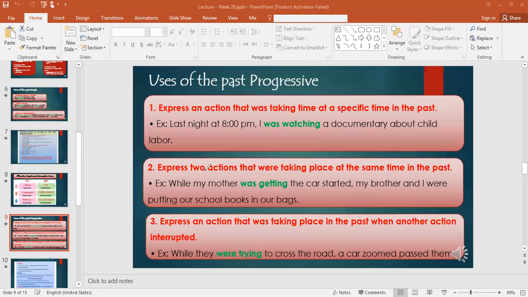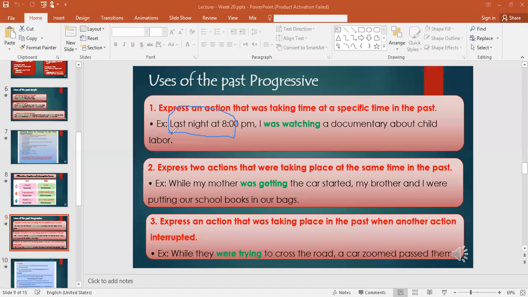Last night at 8 p.m. I was watching a documentary about child labor. Please concentrate here. Last night at 8 p.m., what does this mean? A specific time, right?